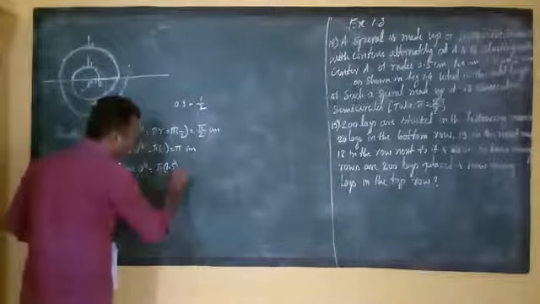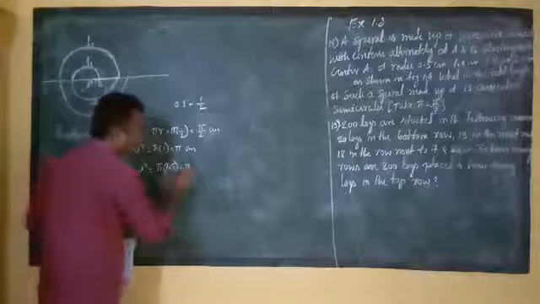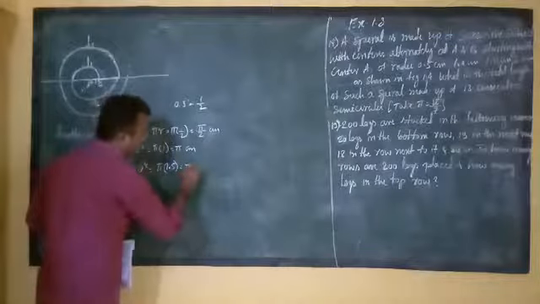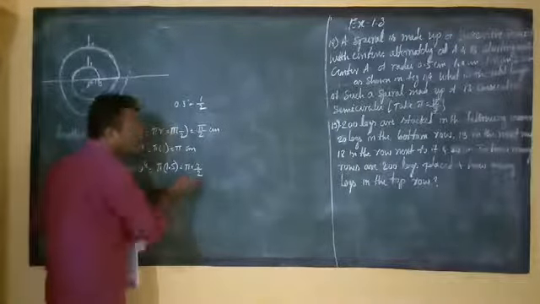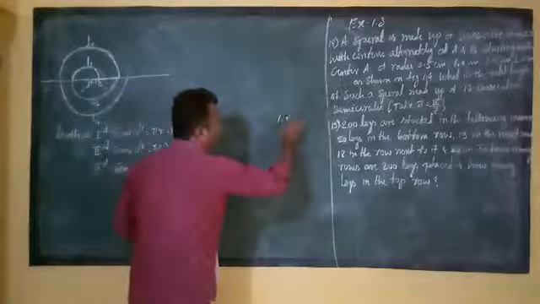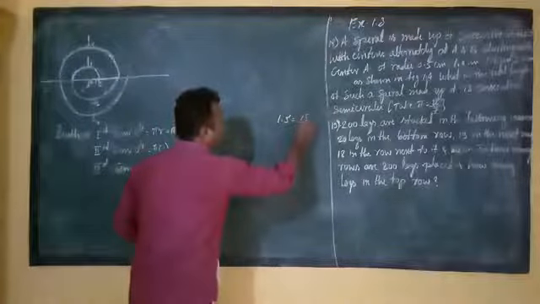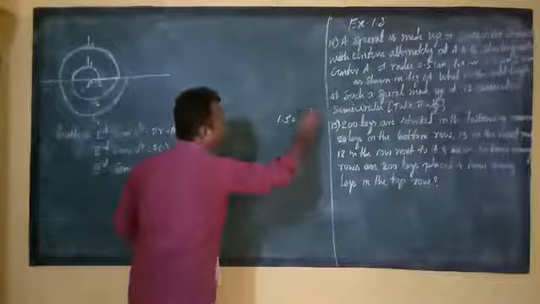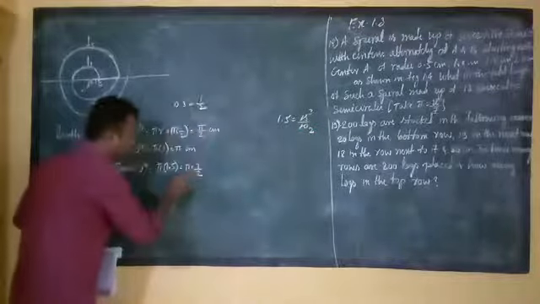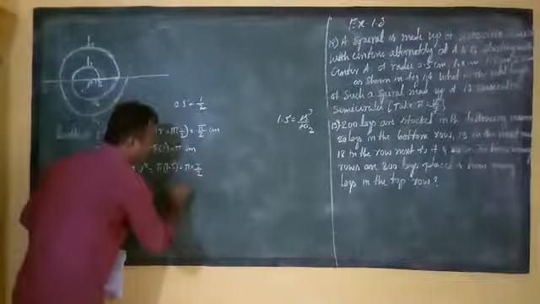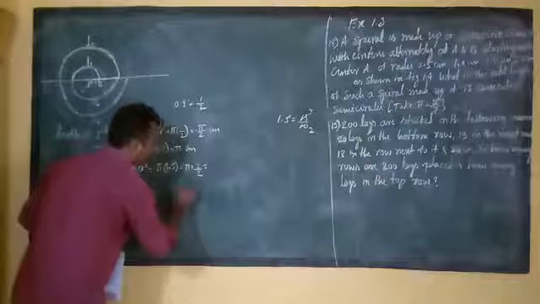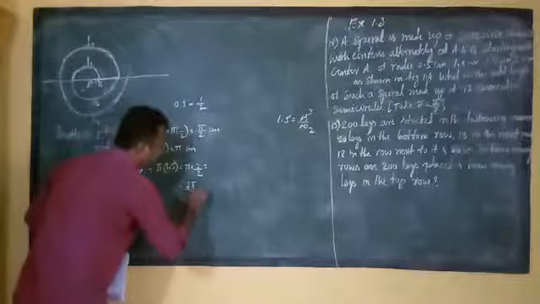So it is equal to pi into 1.5, which can be written as 3 by 2, correct? 1.5 is 15 by 10, 5 3s are 15, 5 2s are 10, so 3 by 2. Therefore 3 pi by 2 centimeter.